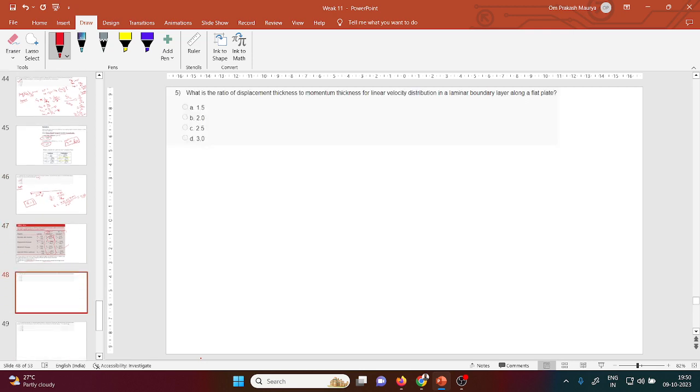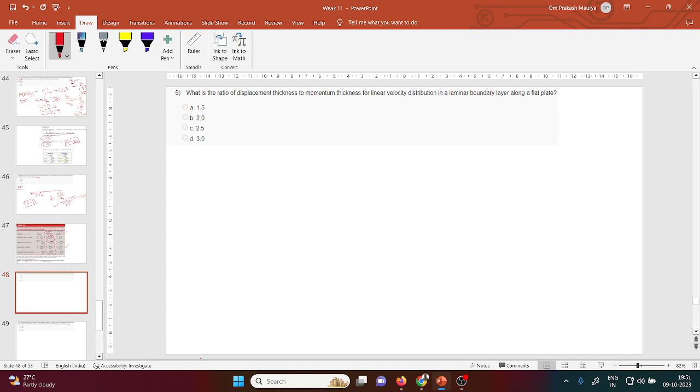Now coming to the next question. What is the ratio of displacement thickness to the momentum thickness for linear velocity distribution in the laminar boundary layer along the flat plate?